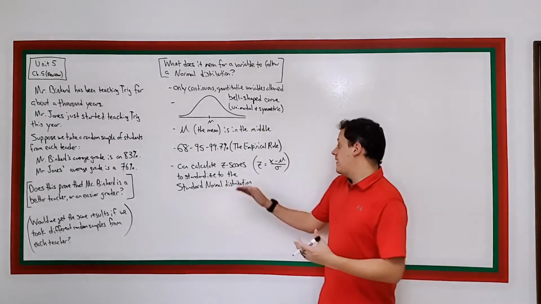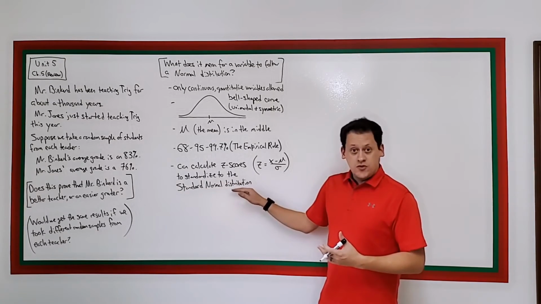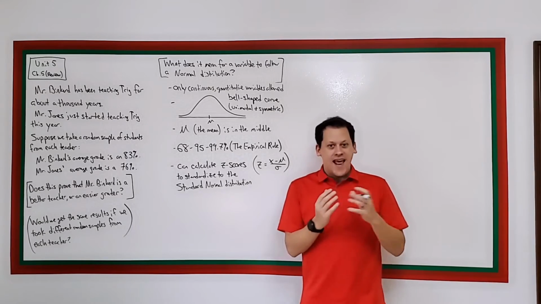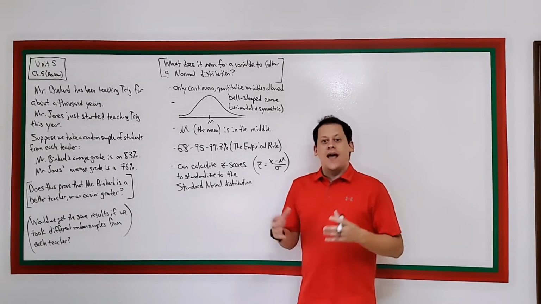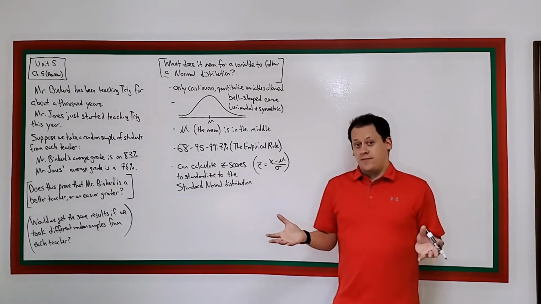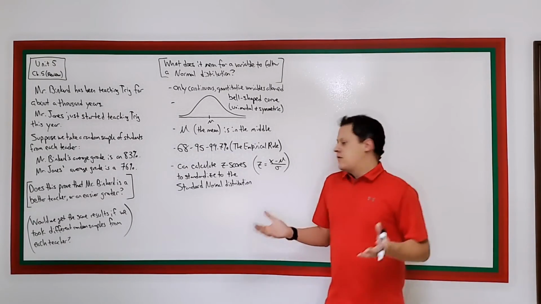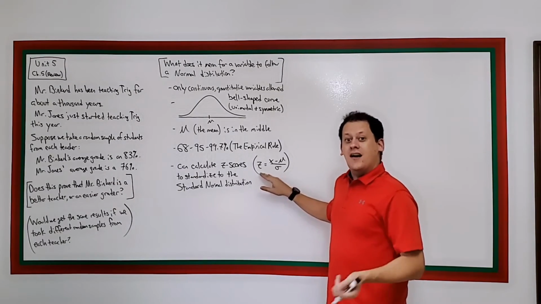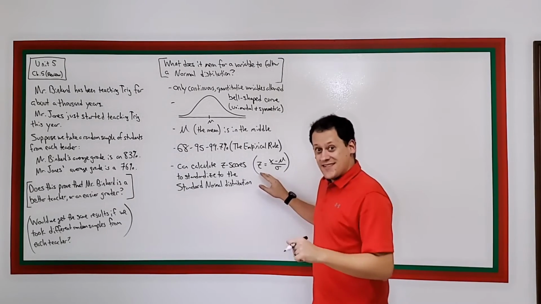And the nice thing about the standard normal distribution, you can take any normal distribution, any mean, any standard deviation, and compare them apples to apples, as long as you standardize values from both of them, or any of them. Right? And also, the z-scores, once you calculate these, allow you to do more things.